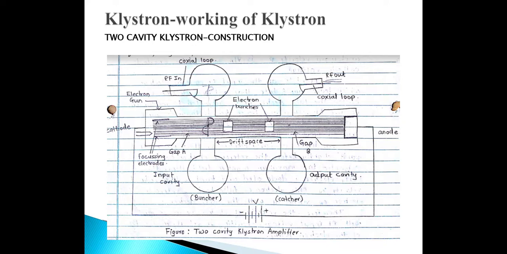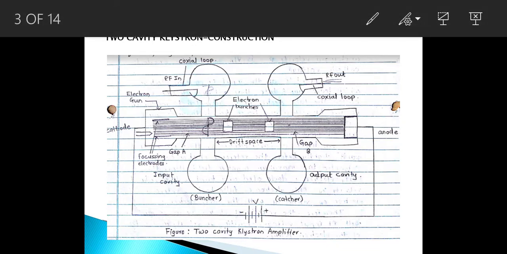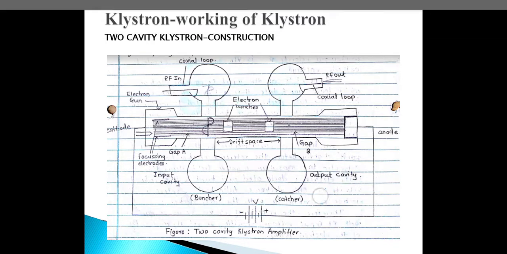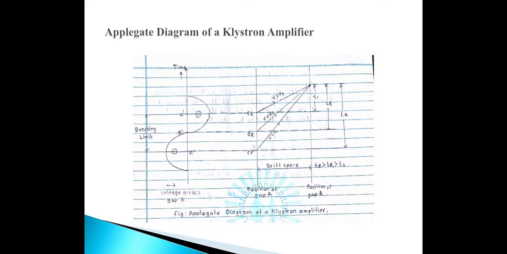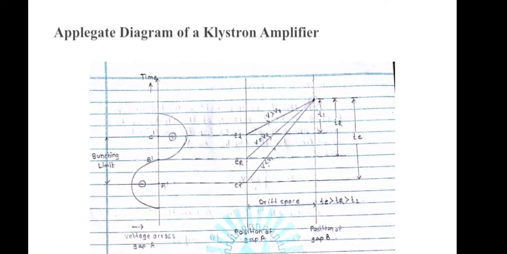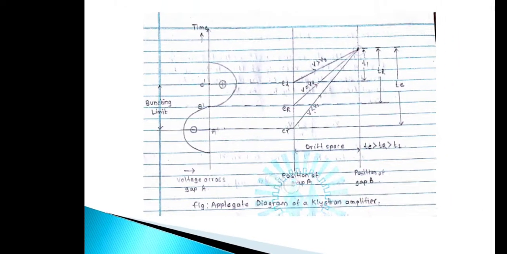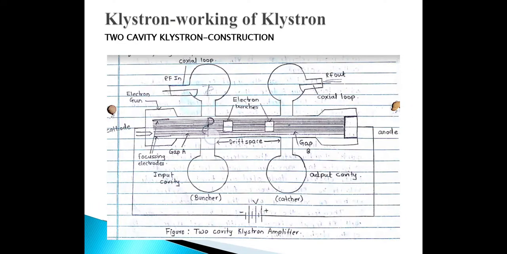Now, let us try to understand the working of this with the Applegate diagram of this klystron amplifier. So this kind of diagram is called an Applegate diagram. So this is the signal which we have seen here.